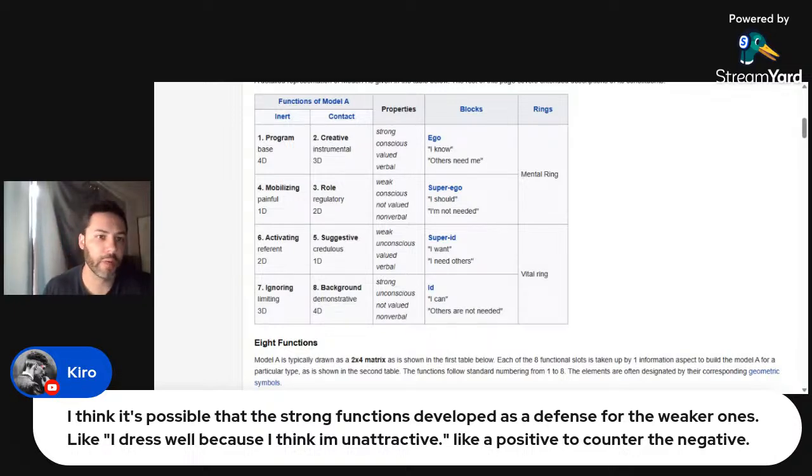There's talk sometimes of how the mobilized function, for example, can be used to deflect and defend issues that may pop up with the suggestive function. Mobilized being stronger, suggestive being weaker, and then you kind of get hit on that weaker suggestive function, so you kind of overuse that mobilized a little bit. It's a little bit of a theory, it's a talk there, so I have to think about that.